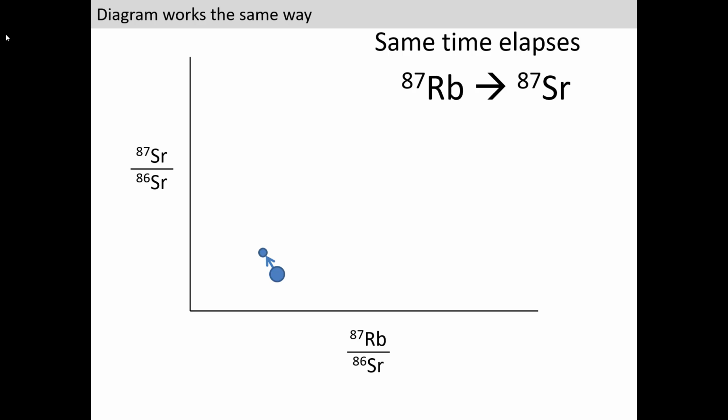So all the interpretations that we did before are exactly the same, except that we're using ratios. And we're doing that, by the way, because it turns out it's easier to measure the strontium-87/86 ratio than just to measure one of those isotopes all by itself. So we divide both sides by the common stable daughter isotope, strontium-86.